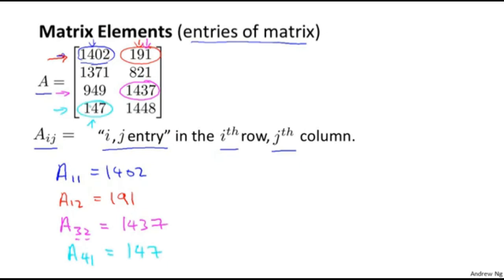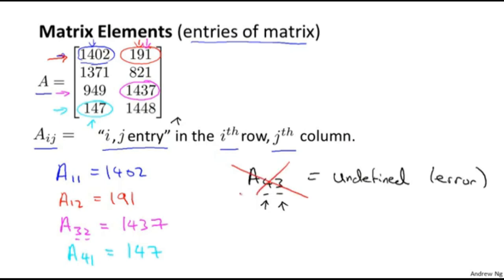And hopefully you won't, but if you were to ask what is A43? Well, that refers to the fourth row and the third column, but this matrix has no third column, so this is undefined, or you can think of this as an error. There's no such element as A43, so we shouldn't be referring to A43.